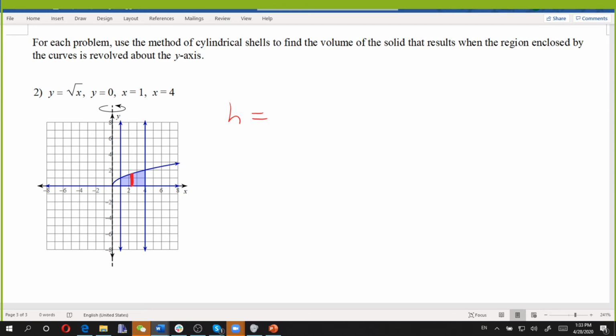So my difference in the y values here will be square root x minus 0, which is the square root of x.